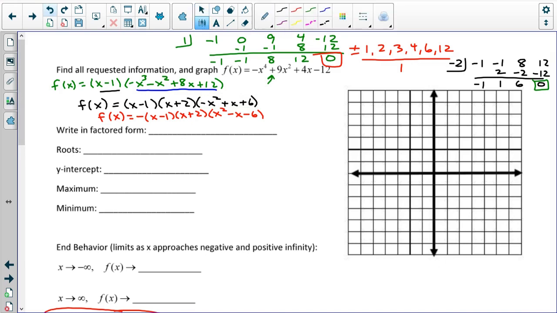And then I can factor x squared minus x minus 6 the exact same way as I did in the previous problem. So I have -(x minus 1)(x plus 2)(x minus 3)(x plus 2), which might be better to write as (x plus 2) squared, because I have two terms that are the same with these x plus 2's.